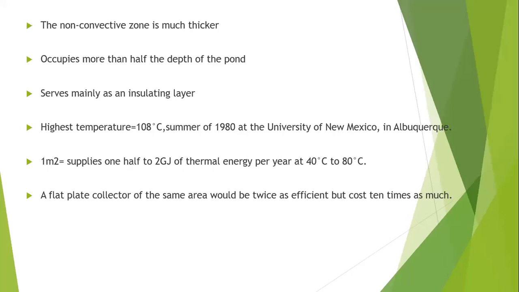Both concentration and temperature increase with depth in it. So it serves mainly as an insulating layer and reduces heat loss in the upward direction. This is all about the non-convective zone.